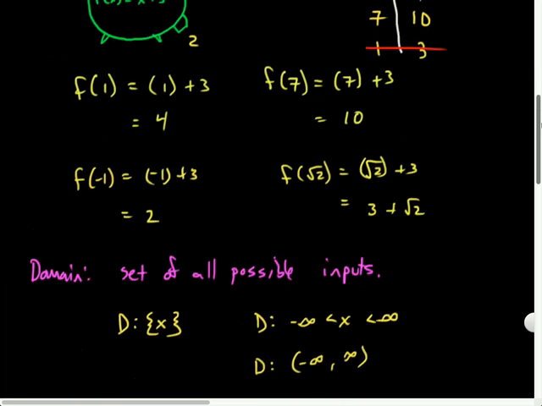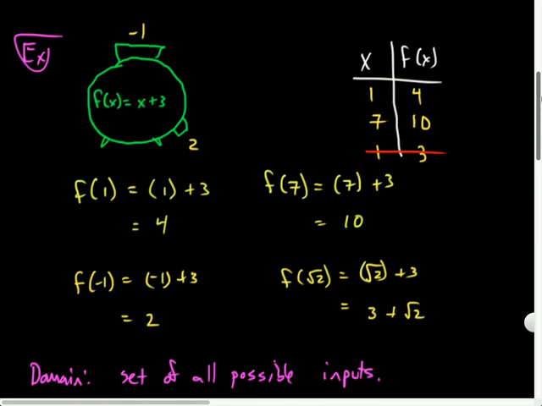Now, question, looking back at this problem, are there any outputs that I couldn't get? If I wanted an output of negative 10, what would I plug in? Negative 13. If I want an output of 27, what would I plug in? Positive 24, right? If I wanted an output of pi, could I plug something in that would give me that?